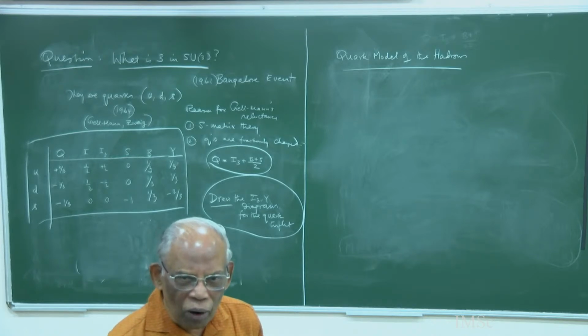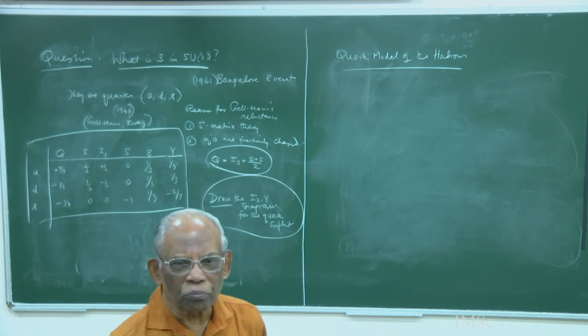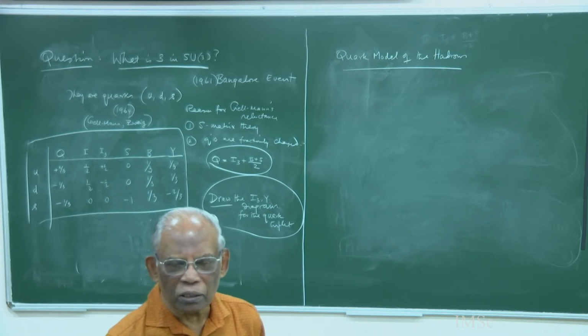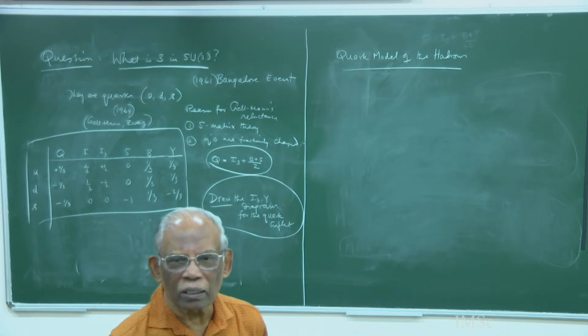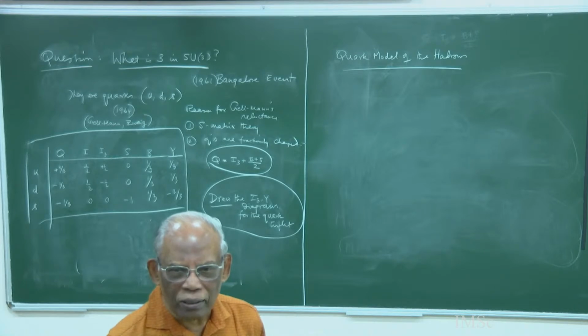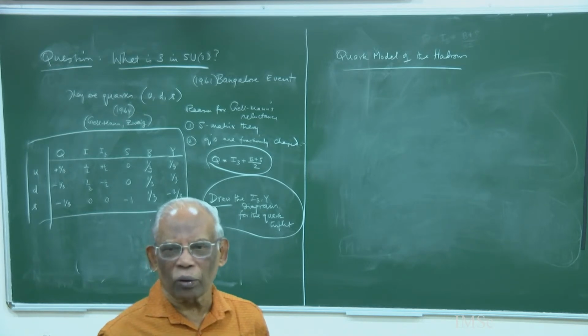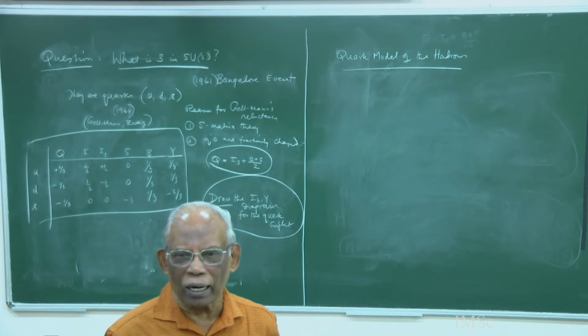See, it turns out that SU3 is a symmetry because the three quarks U, D, S are all very small in mass and similar to each other, compared to 1000 MeV for the nucleon and more than 1000 for all the other hadrons.